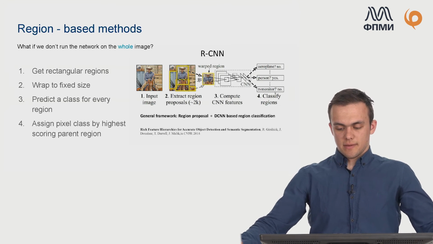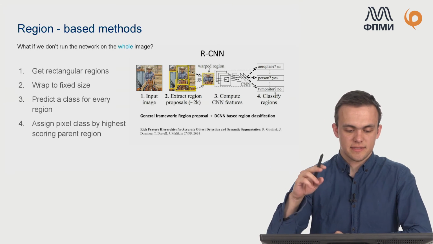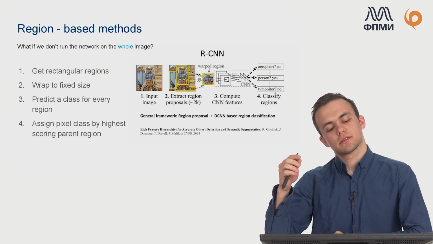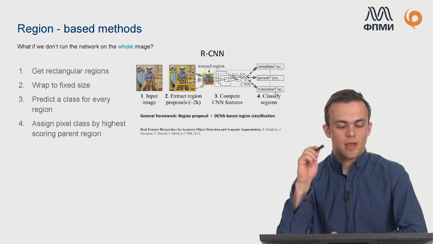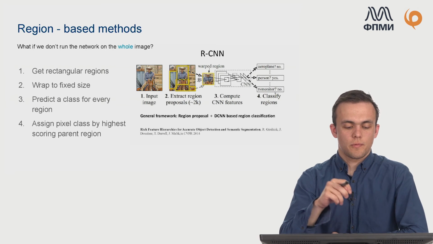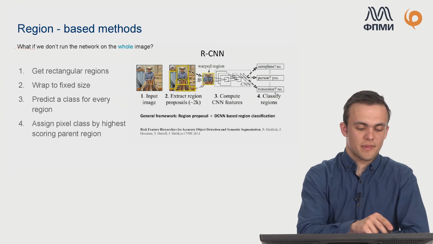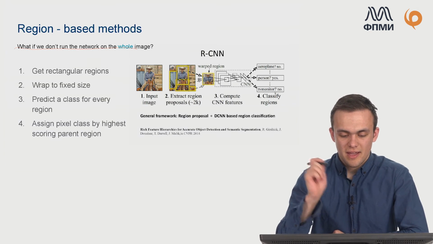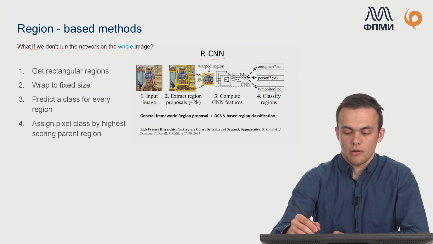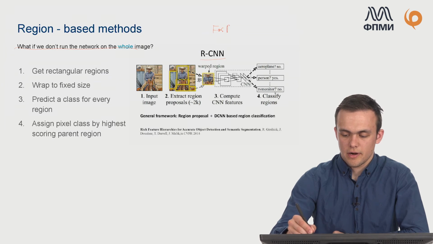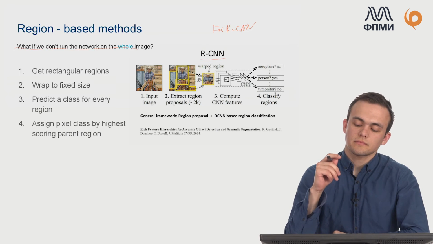And let's move forward to the next model. It's called region-based methods. So what if we don't run the network on the whole image? The idea of region-based methods, they are all called RCNN, or there are also Fast RCNN and Faster RCNN.